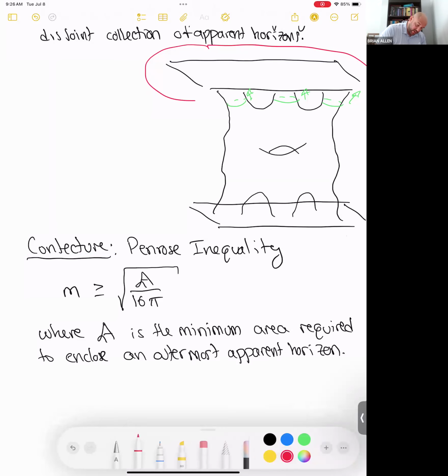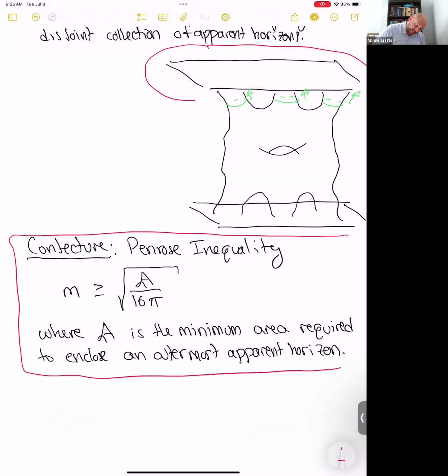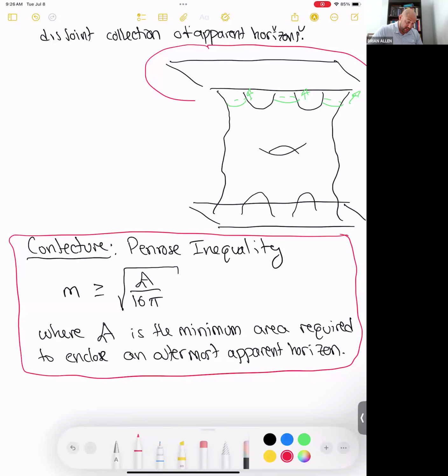Okay, and so why do I have to define A like this, right? So this is the typical way to define this conjecture. The point is that if you go back up to the picture I've drawn above, you have a particular end in mind, so you have a particular mass in mind, right? I'm just looking at the top end now for a second. And then you pick an apparent horizon, this outermost apparent horizon, which in our case could be a collection of MOTS and MITS, so that there's no MOTS or MITS outside of it.